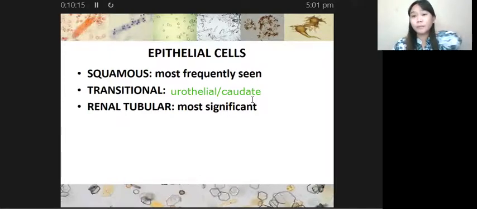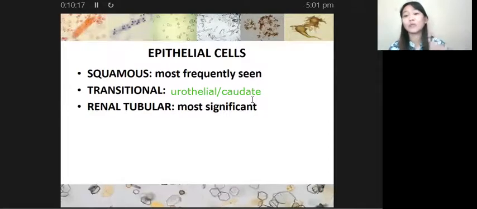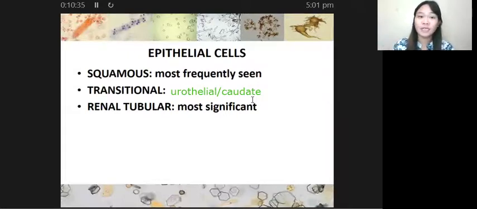So when it comes to the frequency at which we are able to see your renal tubular epithelial cells in your urine sample, it is rare. It is the least common. Most common or most frequently seen is squamous. In the middle is the transitional.